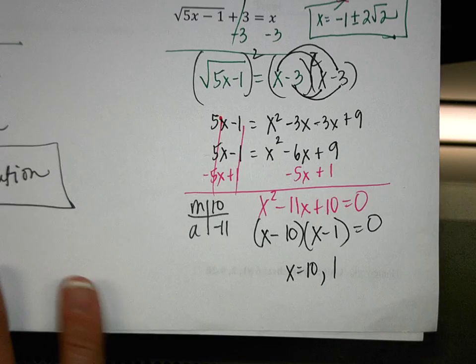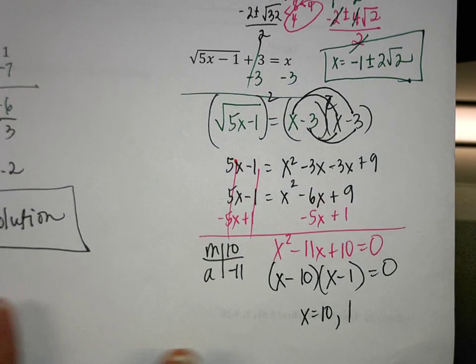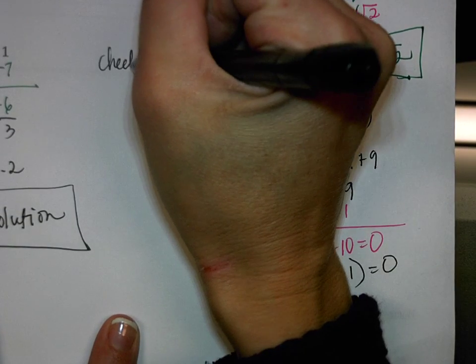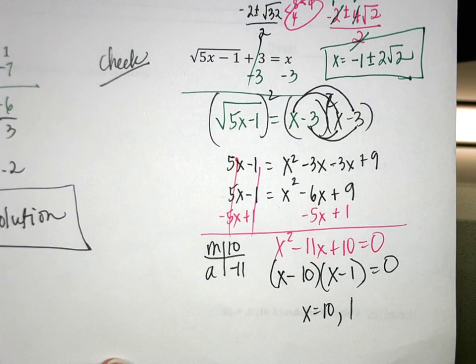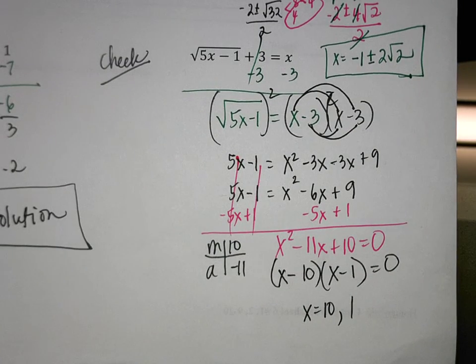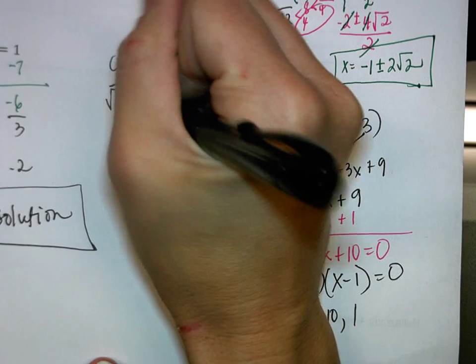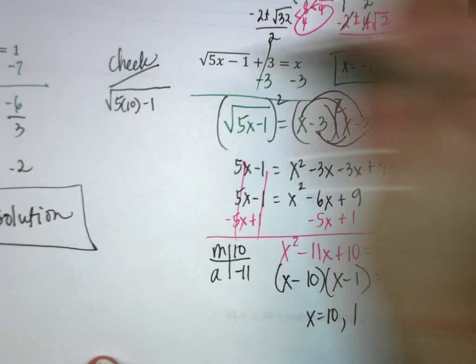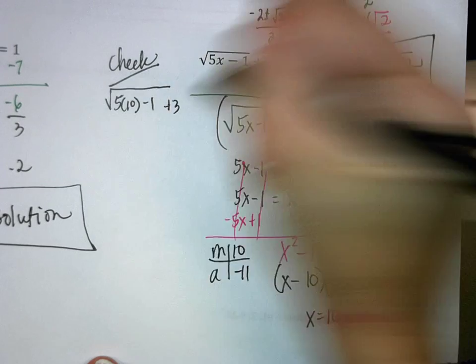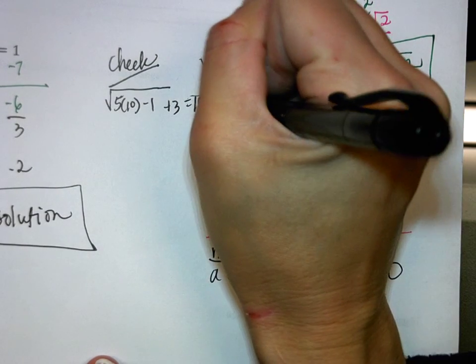So we need to check these solutions. Over here, I'm just going to write check because I have more room there to the left. We'll start by plugging in 10. So for 10, we have the square root of 5 times 10 minus 1, plus 3, equals 10.